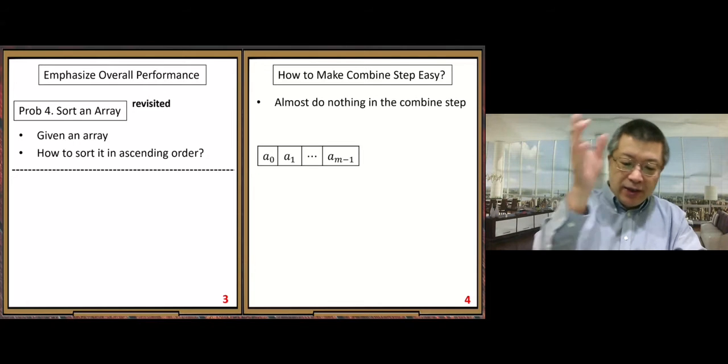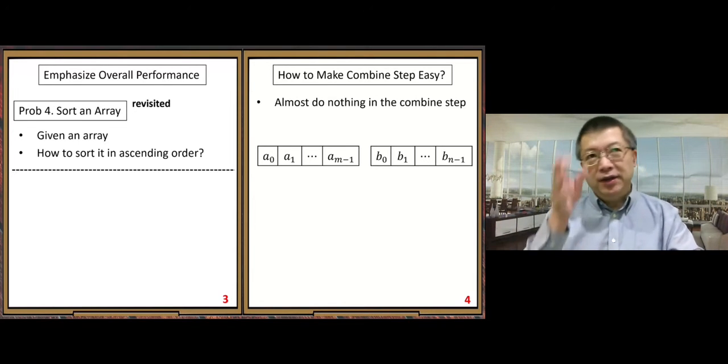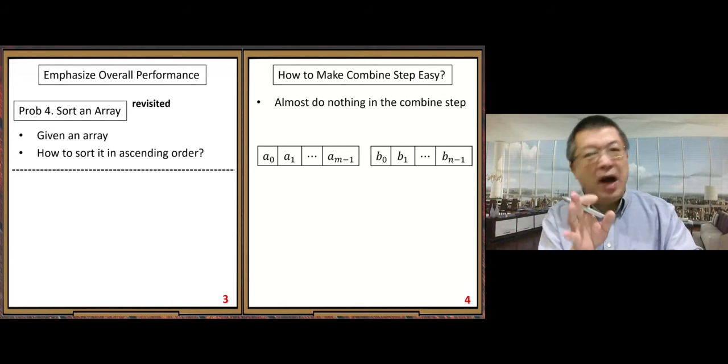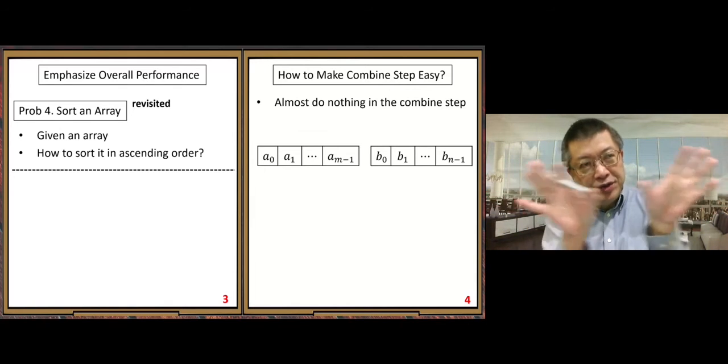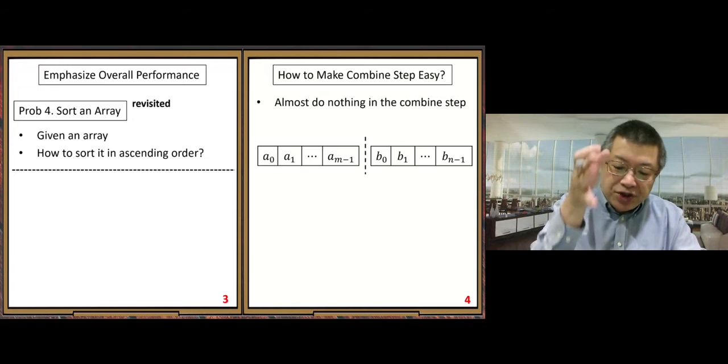The first subarray, the second subarray. The divide step. Here, let's not worry about the divide step. Whatever way we use to divide the original array into these two subarrays.